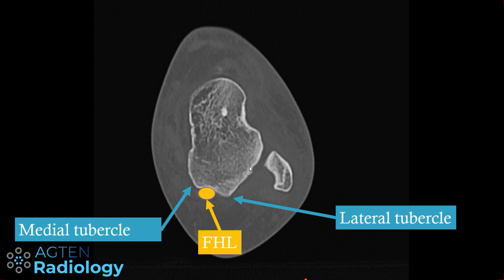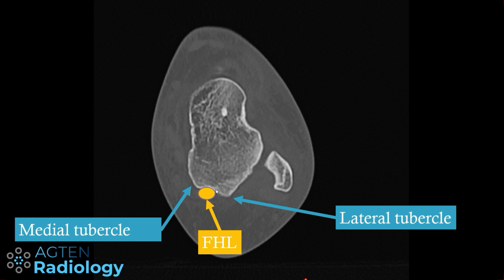Now, this is the posterior aspect of the talus, and we have the posterior process of the talus, which comprises two different tubercles. This is the fibula, so this is the lateral side. This very prominent tip or process, which some call the posterior process, is actually the lateral tubercle of the posterior process, and then there is a medial tubercle as well.